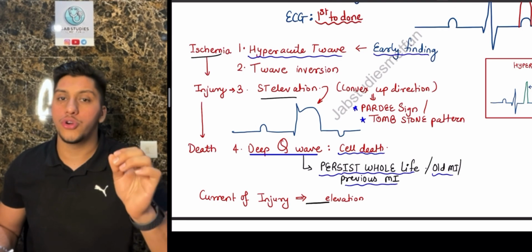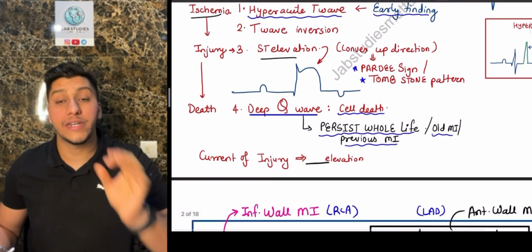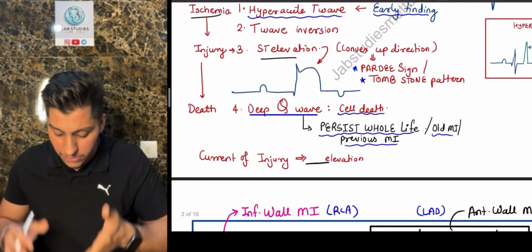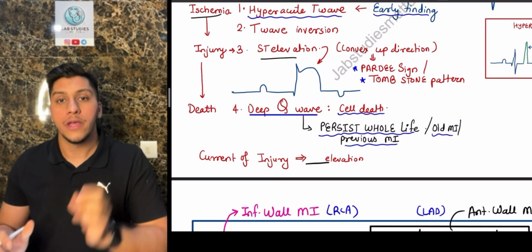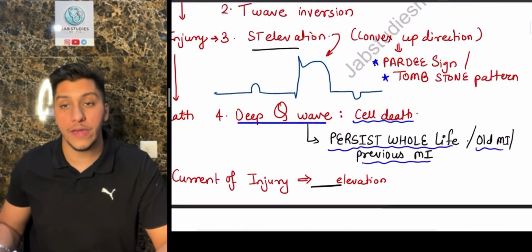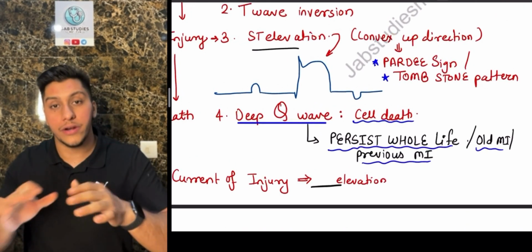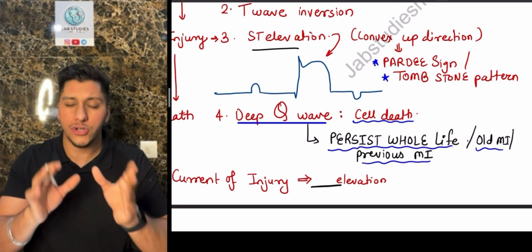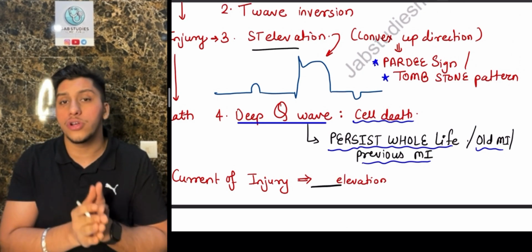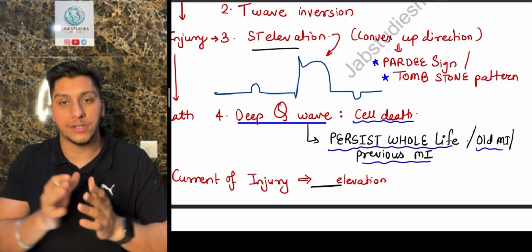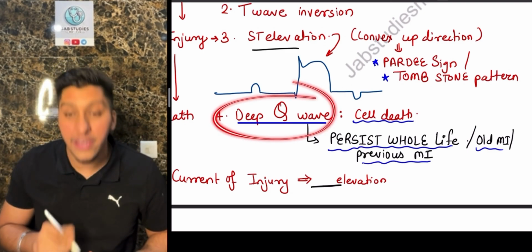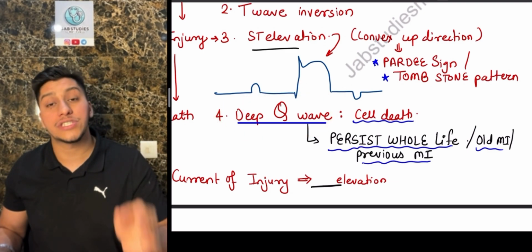After that, we talk about death. With respect to the death of the cell, the demonstration is by deep Q waves. Understand that these deep Q waves are not going to resolve. Tall tented T waves, tall T waves, and ST elevation are going to come back to normal after the patient's MI is treated. But deep Q waves are irreversible changes. They will persist throughout life.